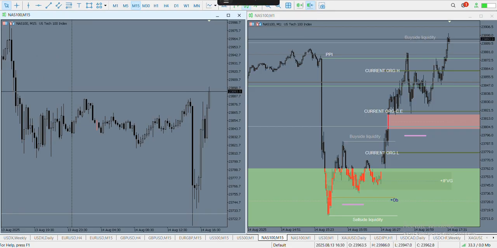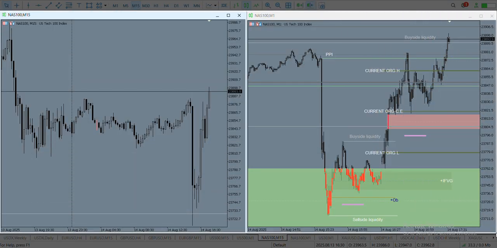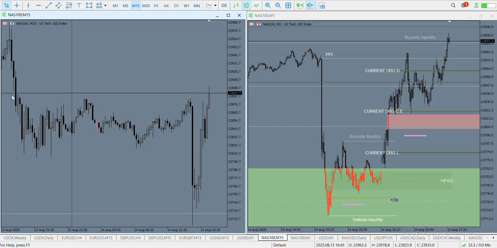I want to take the screenshot of this together with the 15-minute. I talked about this CB here, and we've reached into that inefficiency. It's a very small inefficiency, but very important.